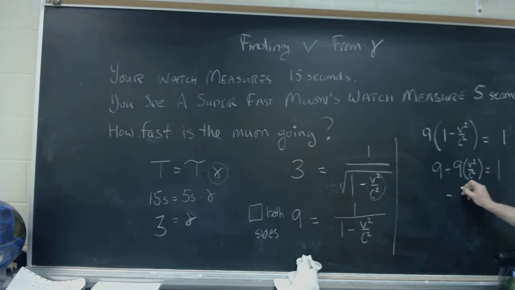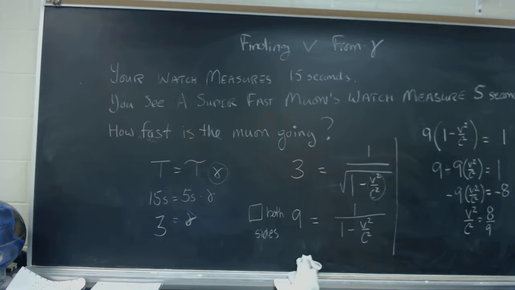And so this becomes negative 9 v squared over c squared is equal to, and I move this 9 over onto the other side, negative 8. So v squared over c squared is equal to 8 ninths.